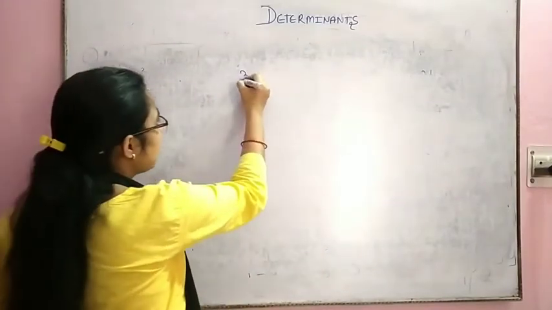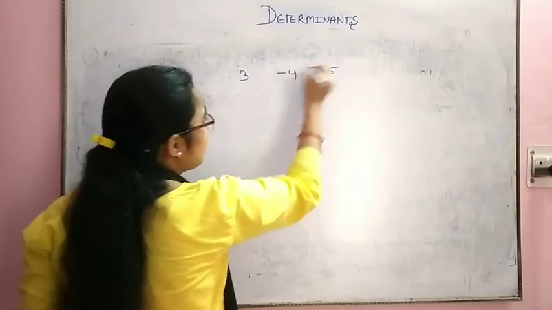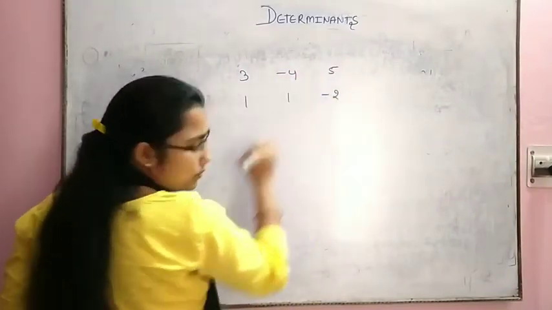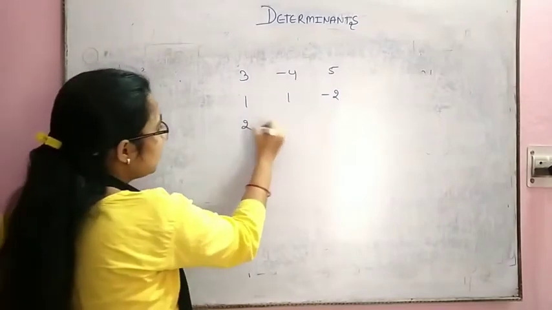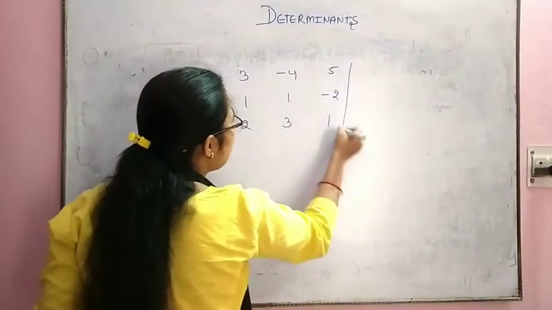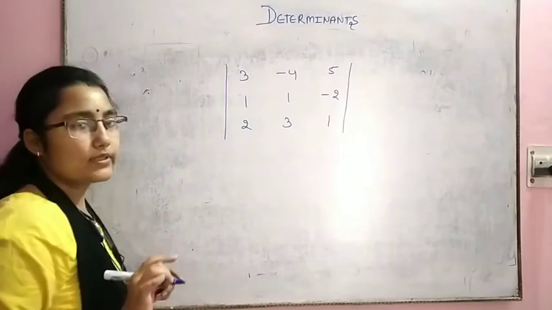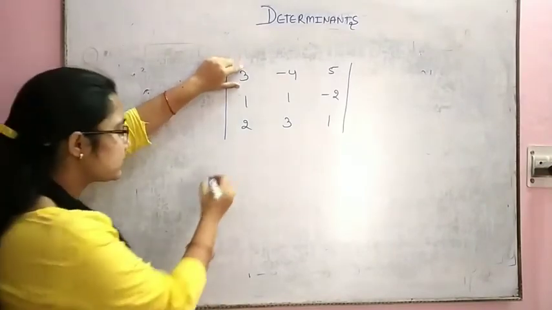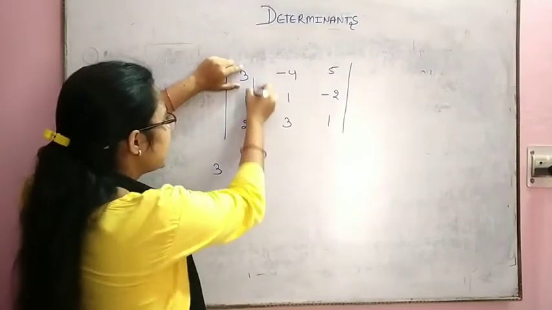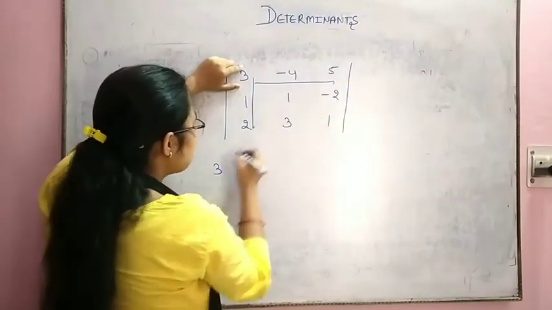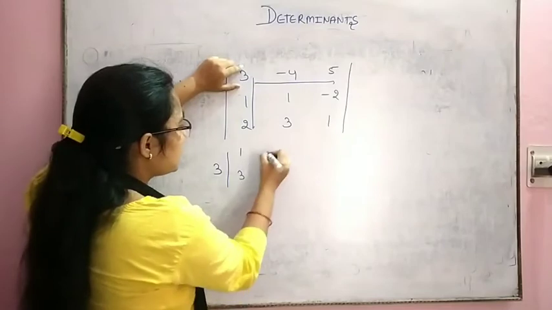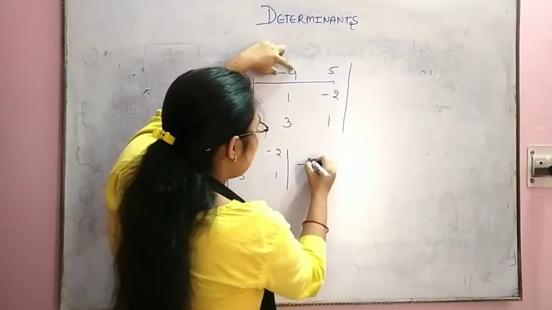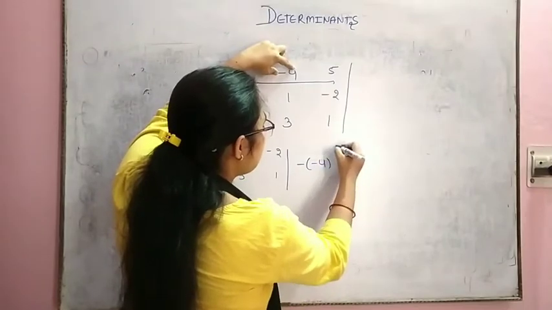This is 3, minus 4, 5, 1, 1, minus 2, 2, 3, 1. Now firstly we have to note down the first element 3. The respective row and column will be cancelled out. So the remaining elements are 1, 3, minus 2 and 1. Now note down minus 4 with a negative sign.